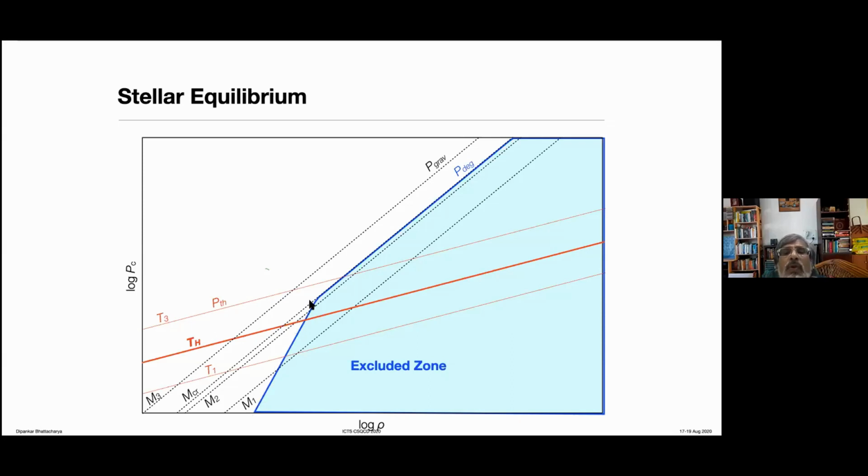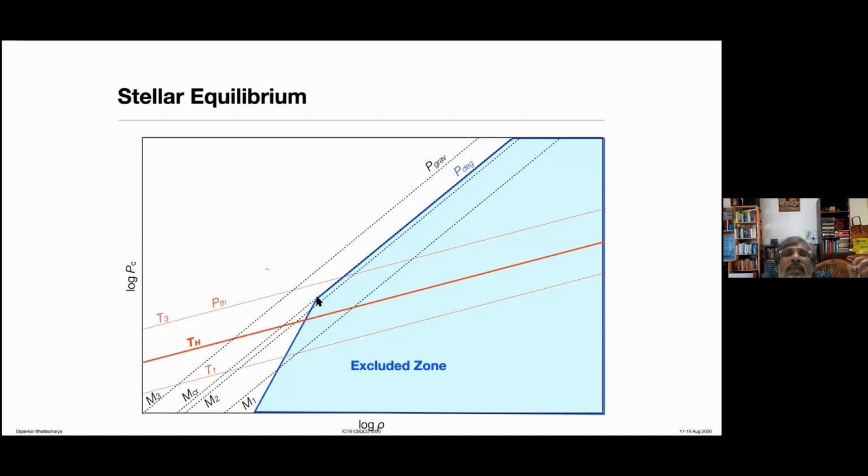And this is proportional to rho to the power of 5/3, and it changes to rho to the power of 4/3 at higher density. So as you can see, there will be certain values of mass where there will be no intersection between these lines and this degeneracy pressure line. So electron degeneracy pressure can support up to a maximum mass and no more. Again, we'll come back to the role of that in a little while.